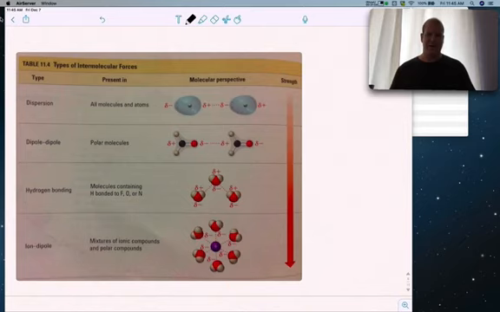It's really a dipole-dipole, but we give it its own category, and it is for molecules that have hydrogen directly attached to fluorine, oxygen, or nitrogen. And then ion-dipole, where an ion is attracted to polar molecules. The argument here is the size of the charge: the greater the charge, the stronger the force.